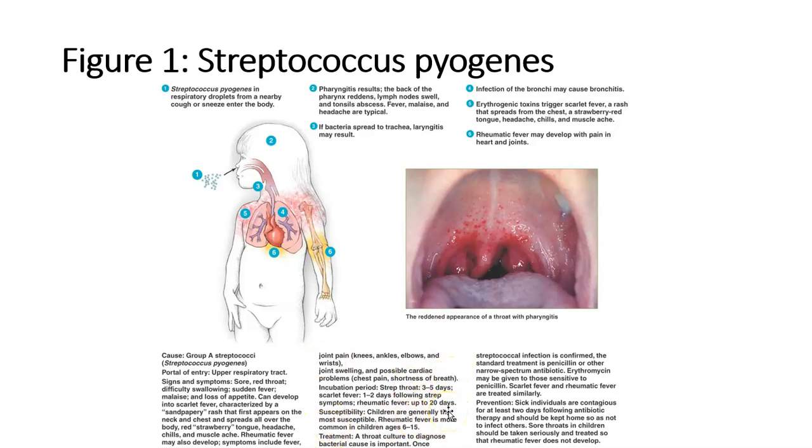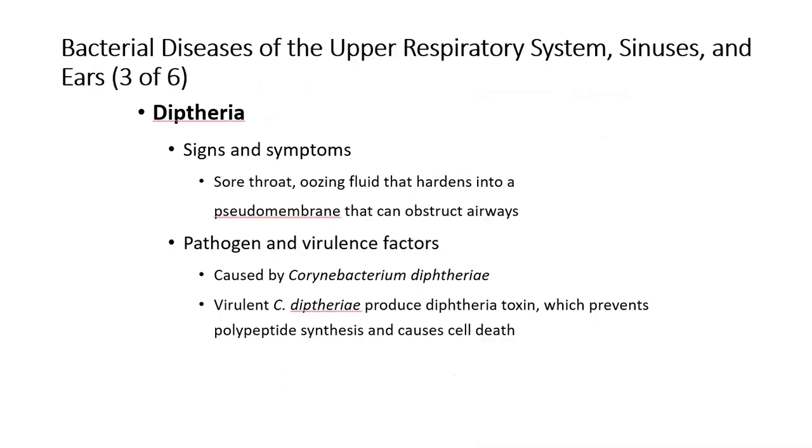It's usually the children that are having the problems with it. The rheumatic fever, 6 to 15 years of age. And again, very easy diagnosis, throat culture, boom, we can do the test and treat the patient, okay? And go from there. But it's nothing to play around with, all right?